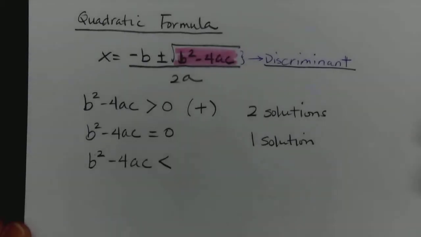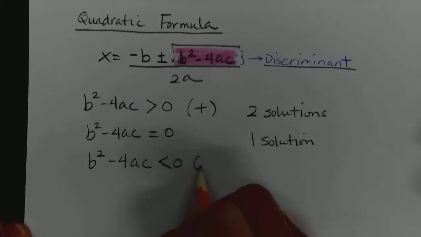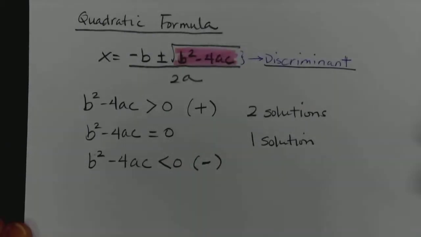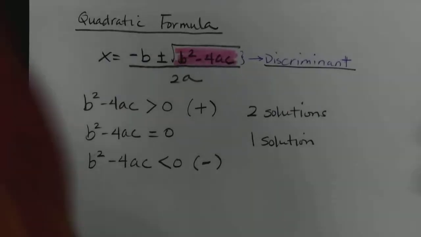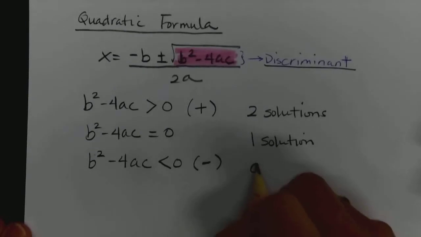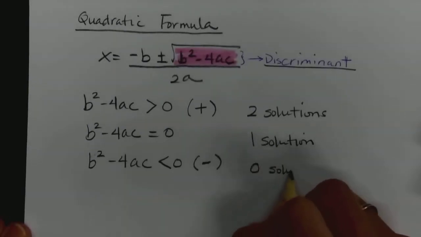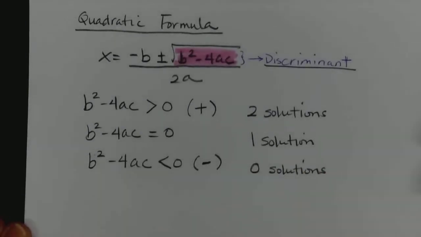So if that number is less than 0, which means a negative number, because you can't take the square root of a negative number, the whole thing nullifies and you have 0 solutions. No solution, because it doesn't cross the x-axis.